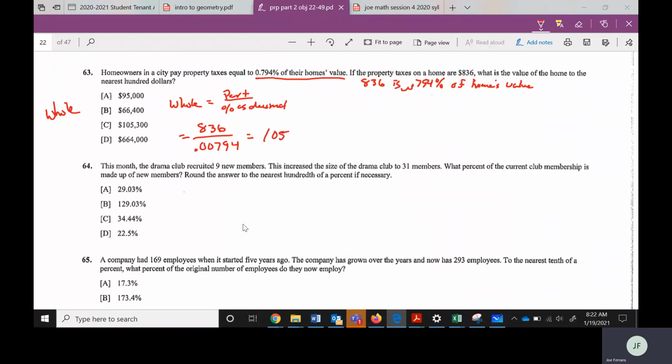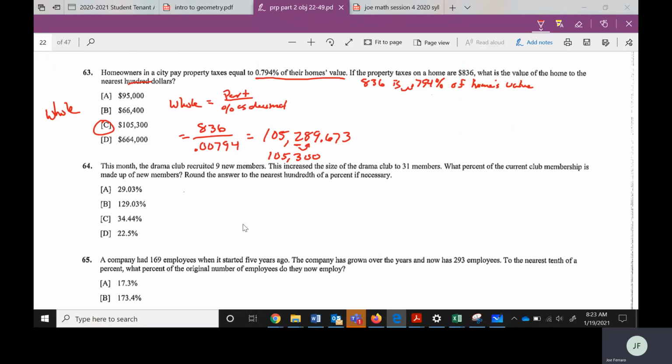Now when you type that in, you get this. Now they want it to the nearest 100. So here's the 100 right here. So ones, tens, hundreds. Look at the number next to it. Since this is between 5 and 9, this would bump up to a 3. And then the rest are zeros to the decimal.